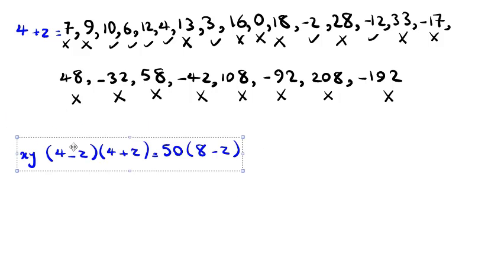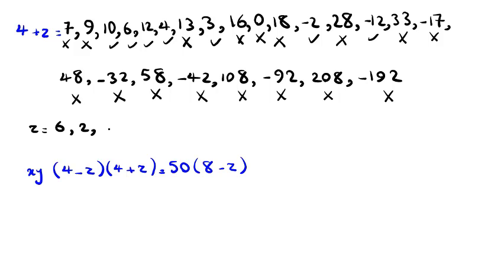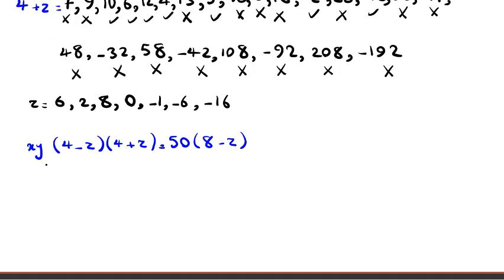For these cases, it is 4 plus z, so z is what? This minus 4. Take 4 to the right hand side: z is 10 minus 4, 6, 6 minus 4, 2, 12 minus 4, 8, 4 minus 4, 0, 3 minus 4, negative 1, negative 2 minus 4, negative 6, negative 12 minus 4, negative 16. Now, we consider these 7 cases.